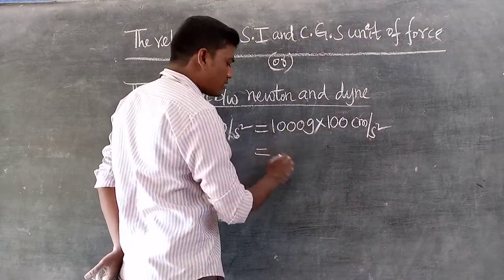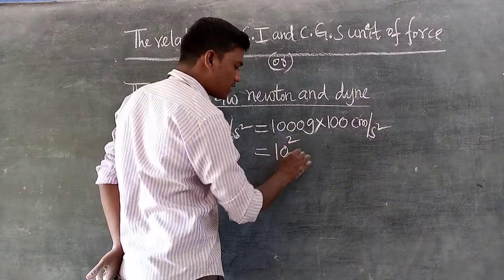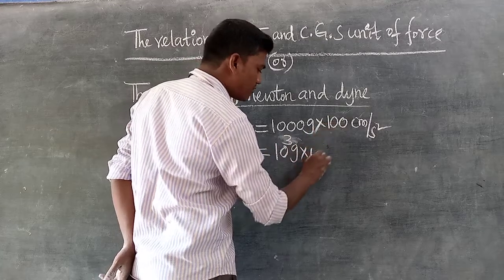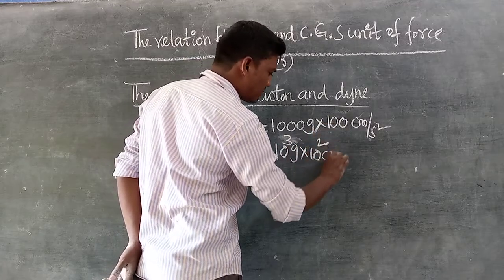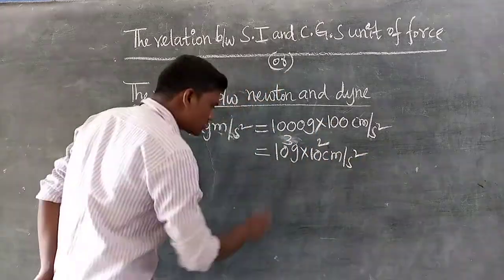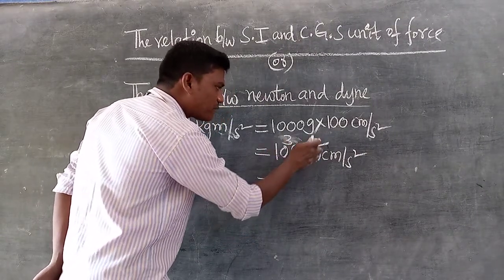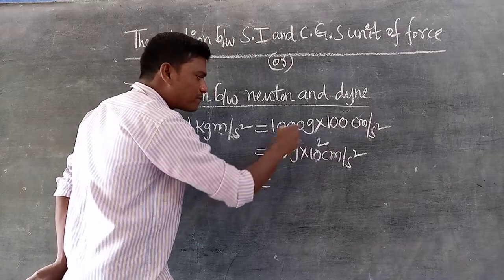So this 1000 I will write as 10 power 3 gram, into 100, we can write 10 power 2 centimeter per second square. So a power m into a power n, 10 power 3 into 10 power 2, what is that? a power m plus n.